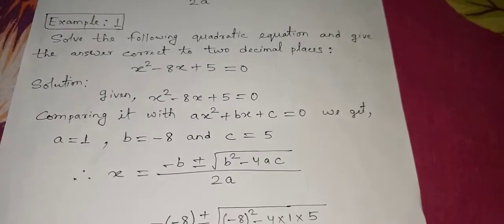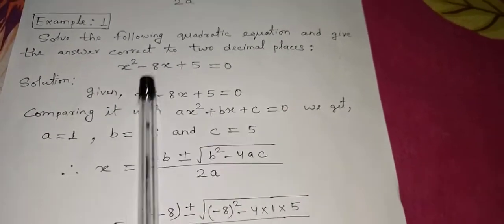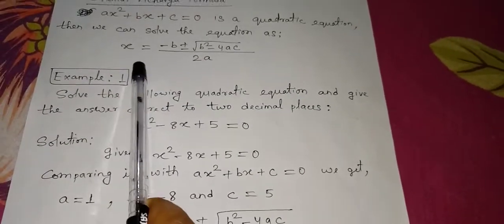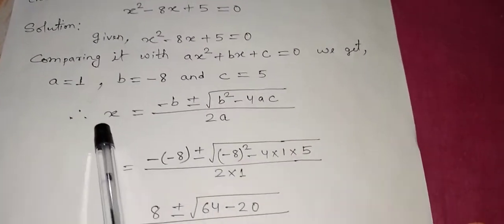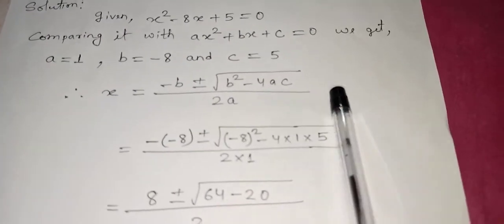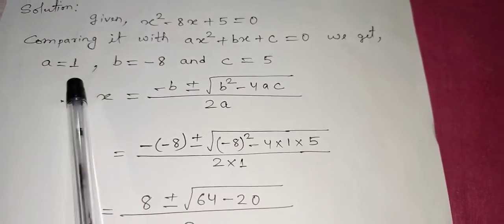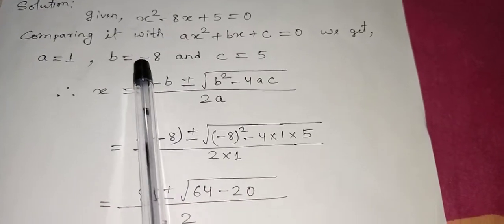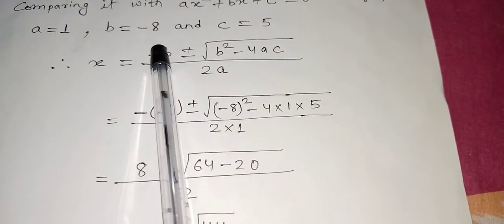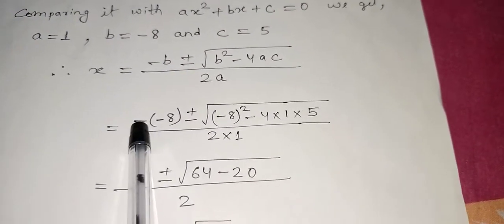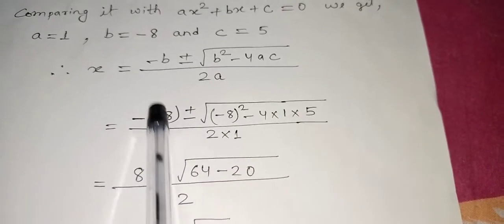Now we have to solve the equation. So we have a formula that x equal to minus b plus minus root over b square minus 4ac by 2a. Now I will put the respective values of a, b and c. b is minus 8, so you can see this minus is from the formula and the value of b is minus 8.